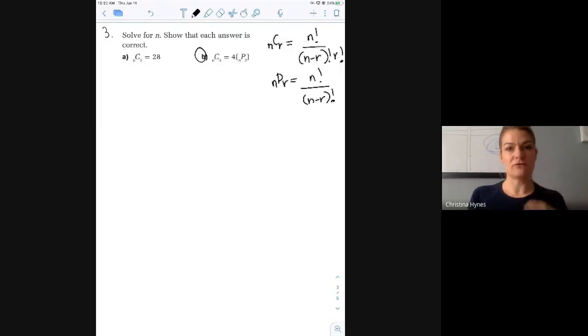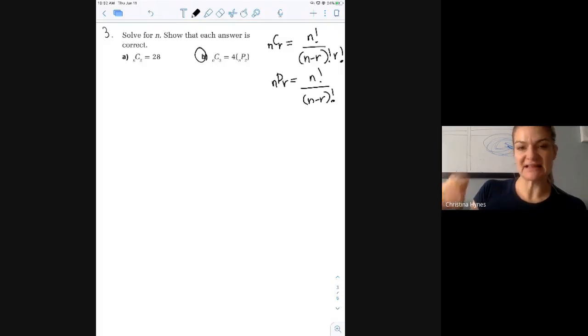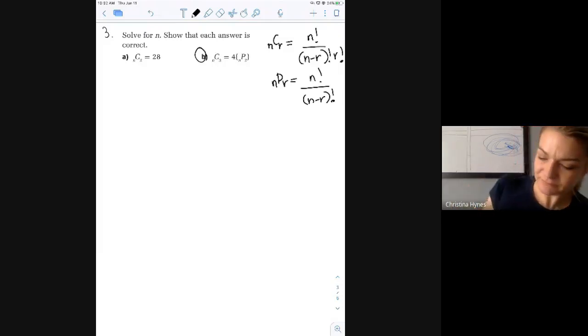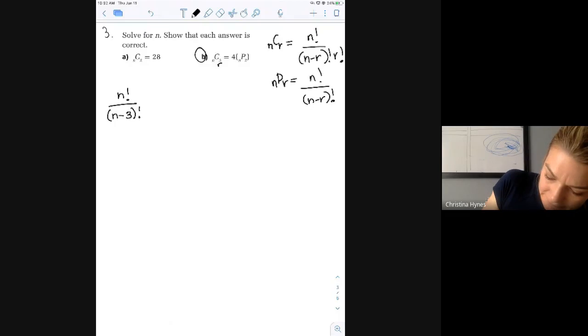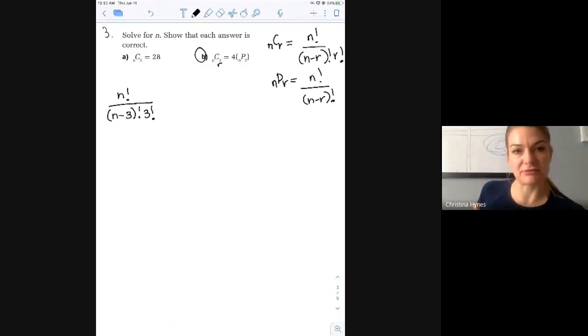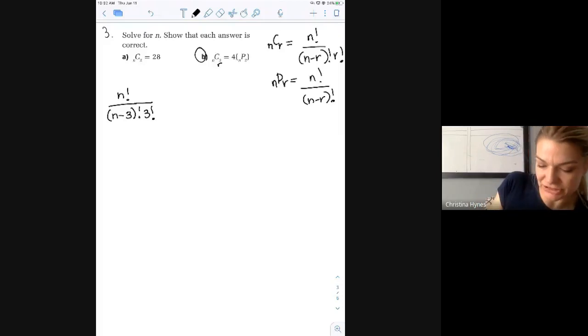So you just want to take your n and r and replace them into the factorial side. So n choose 3 would be n factorial over (n minus 3) factorial times 3 factorial. Wherever you're seeing r, you're replacing it with a 3. So that is the left side of my equation.